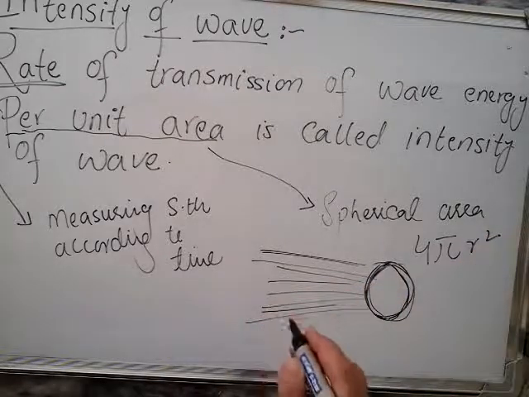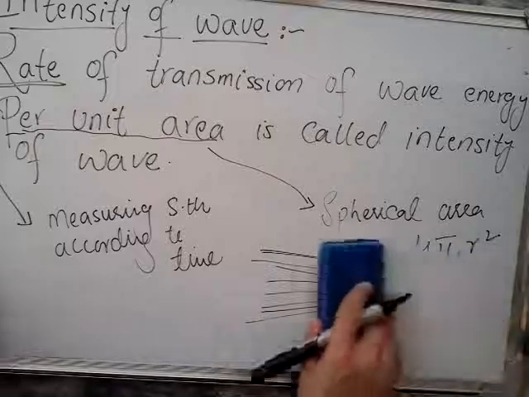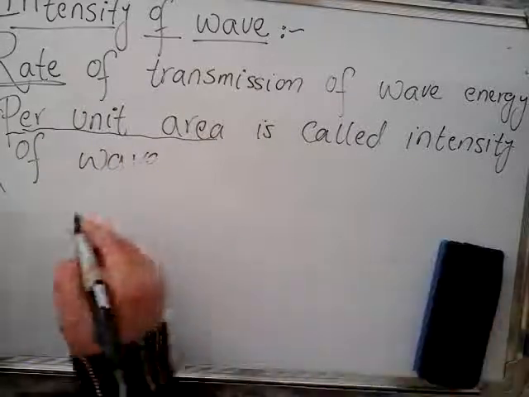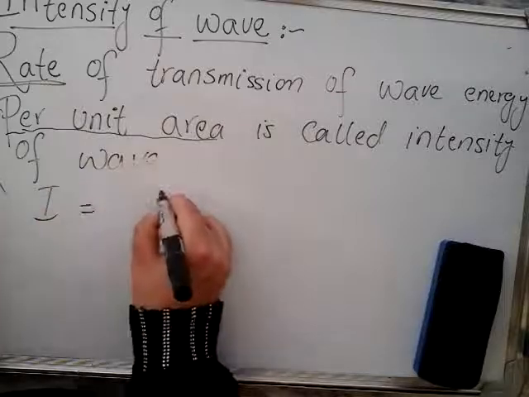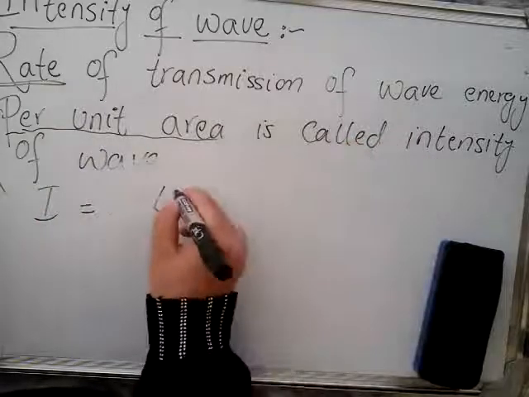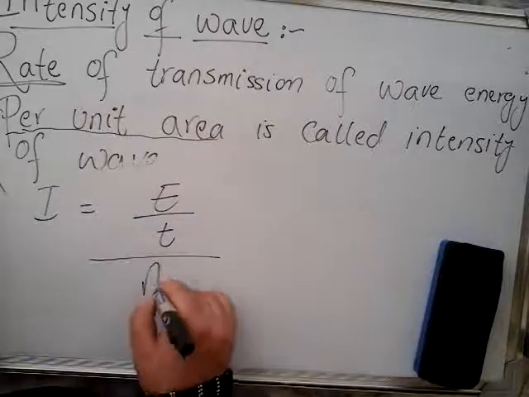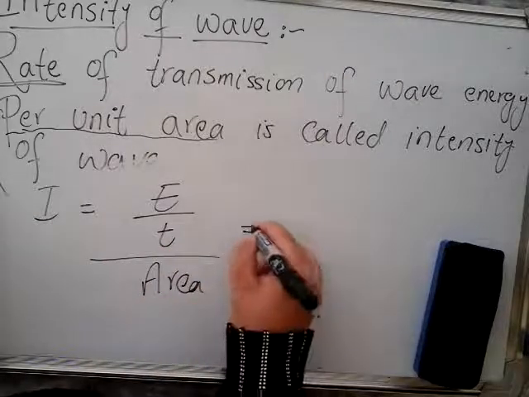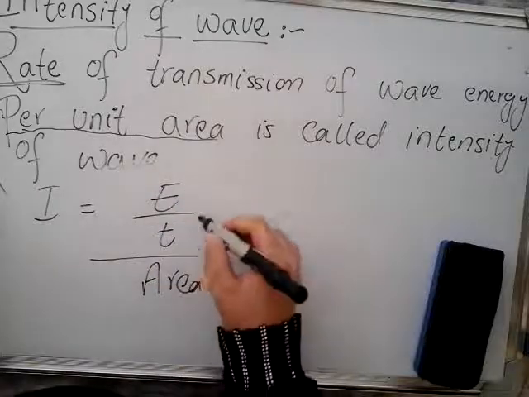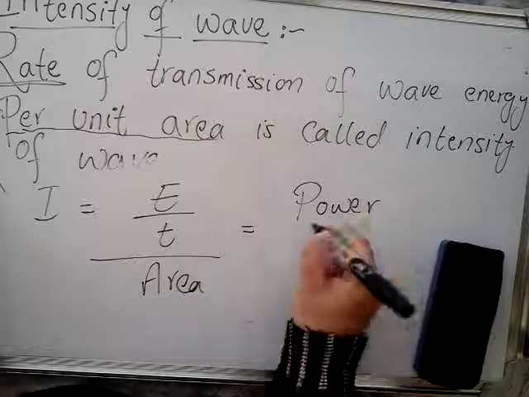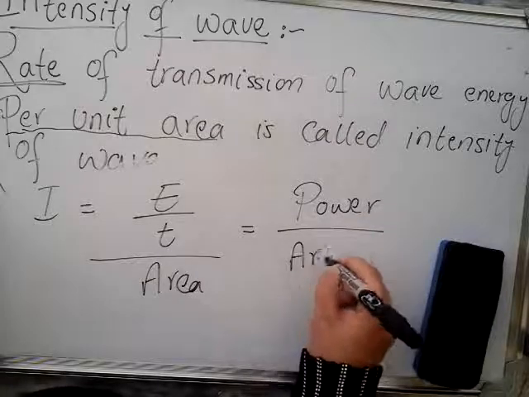So the formula would be intensity is equal to rate of transmission of wave energy per unit area. The rate of transmission of energy is usually called power, so intensity is power over area.